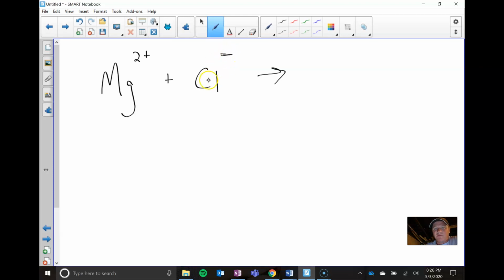Just one of those is not enough to balance out the positive 2. But what if we had 2 chloride ions? In that case, the positive 2 would be balanced out by this collective negative 2. And that's exactly what happens when magnesium and chloride pair up.